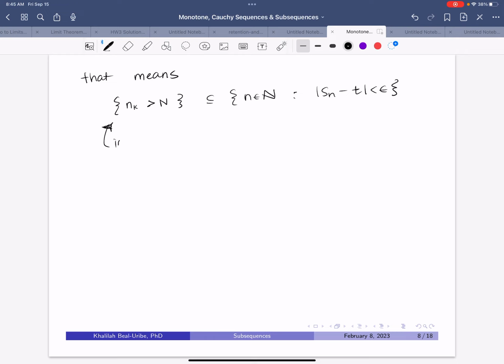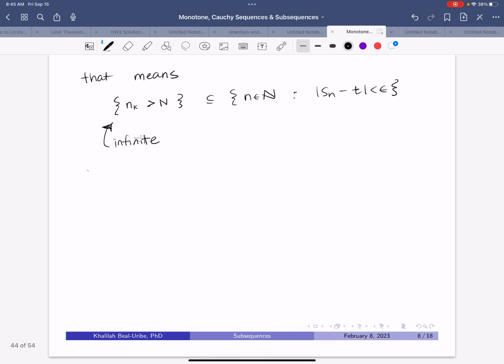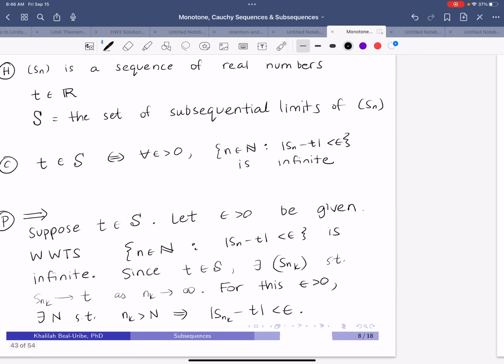This set is infinite. So if this set has an infinite subset, it has to be infinite. Okay. Does everybody get that?